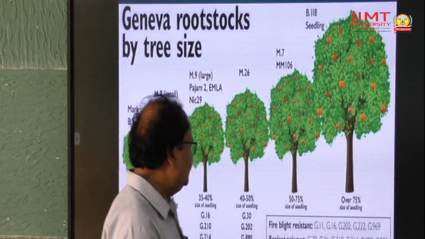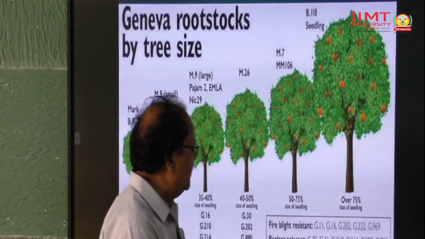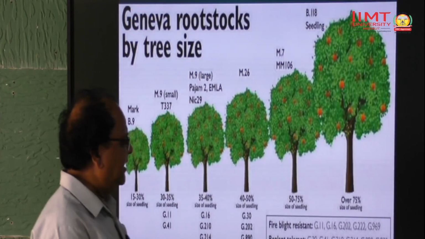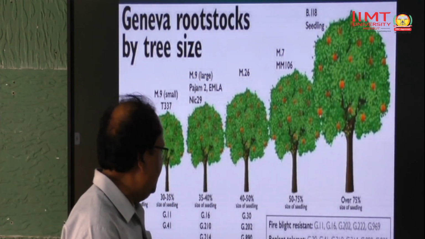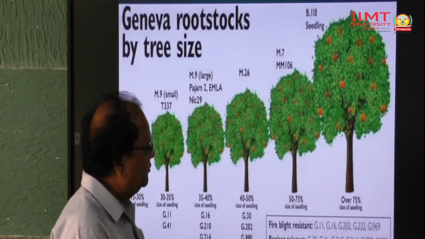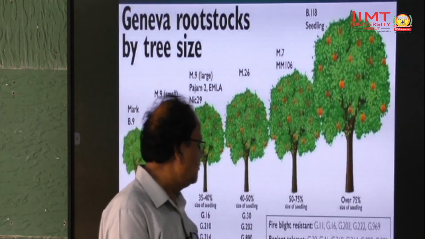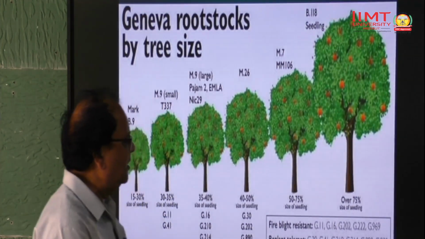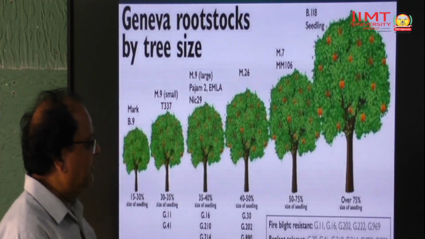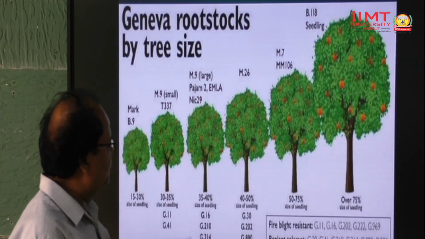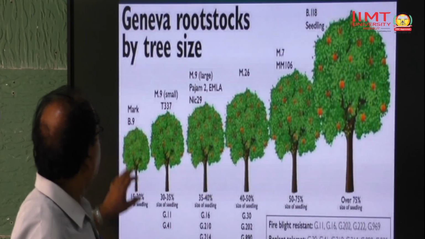Replant-tolerant rootstocks are G30, G41, G210, G214, G819, G935. They are replant tolerant and are also used as interstock. Woolly apple aphid resistant rootstocks are G41, G210, G214, G819, G890 in apple.